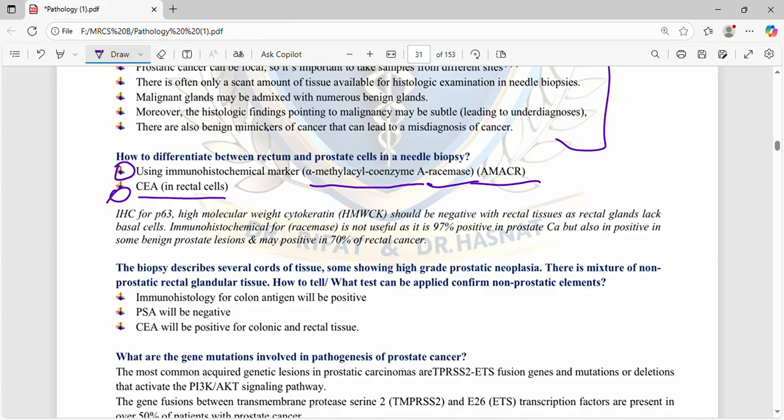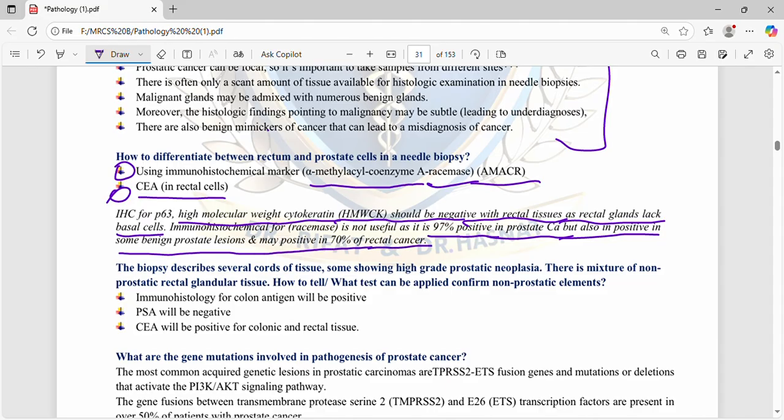Immunohistochemistry for P63 and high molecular weight cytokeratin should be negative with the rectal tissues, as the rectal glands lack basal cells. Immunohistochemistry for racemase is not useful as it is 97% positive in prostate CA, but also positive in some benign prostate lesions and may be positive in 70% of rectal cancer.